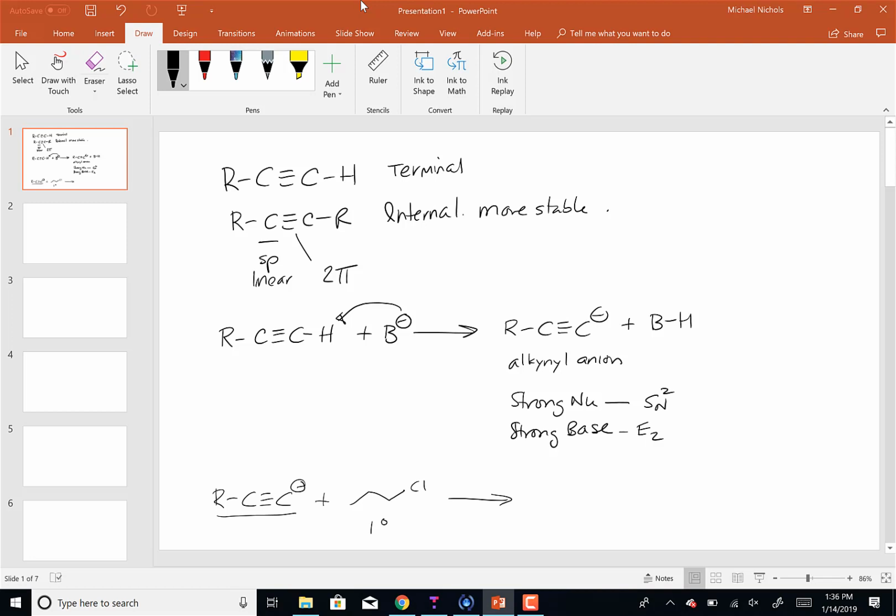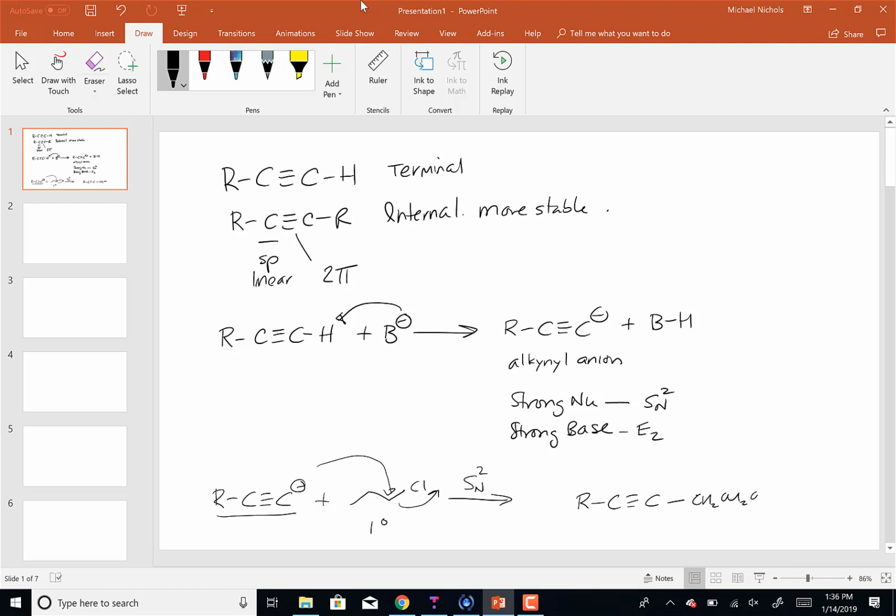Yeah, so that's SN2? Do we all agree on that? Okay. So it's going to do an SN2 reaction, which means it's going to come in, attack that carbon, kick off the chlorine. It's going to go through its trigonal bipyramidal geometry, which I'm not going to write down here, but which you'll write down in the homework assignment.